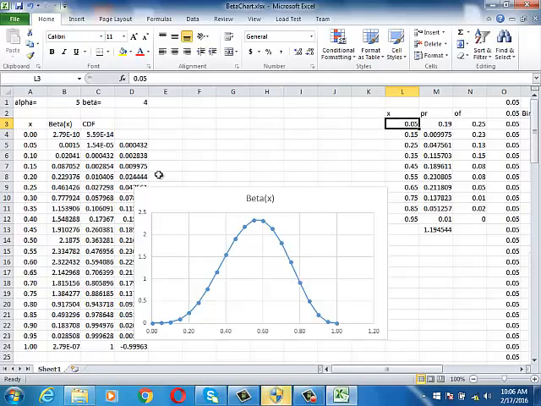Okay, so the table is 0, 5. The probability here is 19%. How did I get this? Oh, I see. This is some other alpha beta that I was working with.